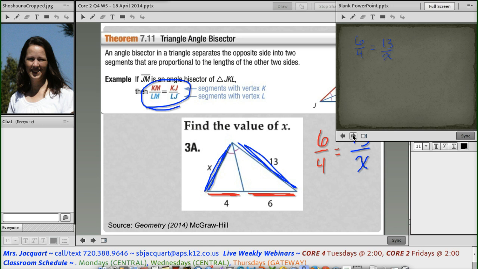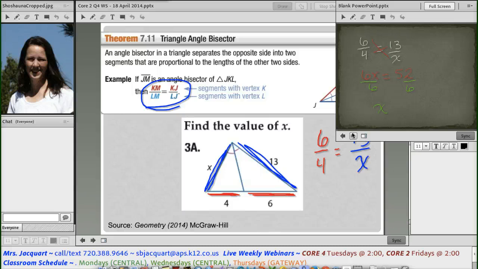I can't read that, so I'm going to go to the next page and use white. Cross multiply. 26.52. Divide by 6.